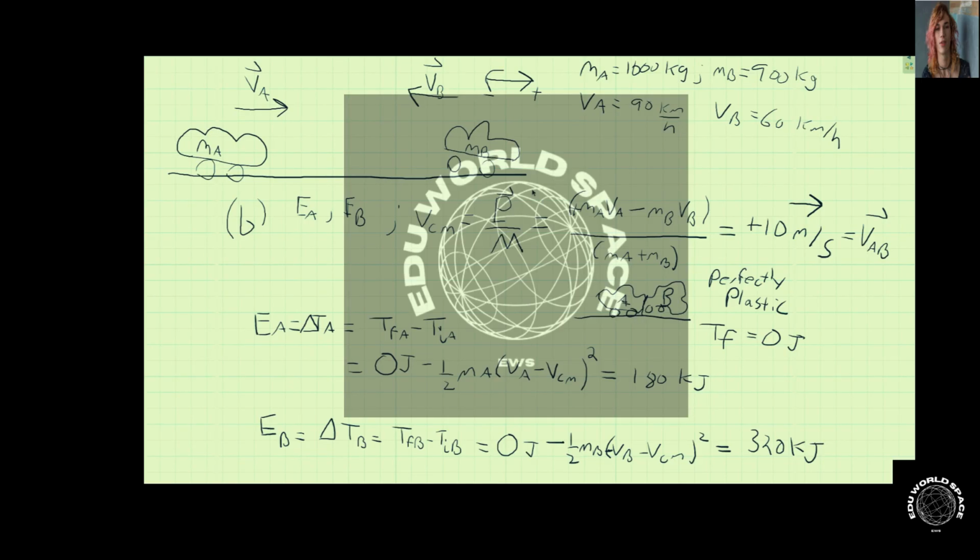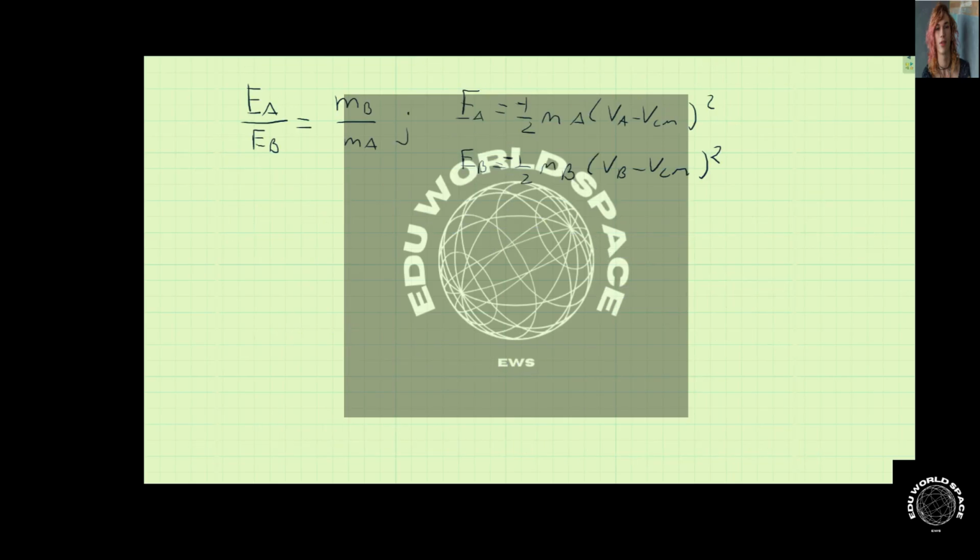So in the reference frame that's moving at 10 meters a second to the right, the total momentum after the collision and before the collision must be 0. That means the momentum that car A has must be equal and opposite in sign to the momentum that car B has, such that when they add together, they end up being 0. And so we're going to write that the momentum of car A ends up being negative the momentum of car B before the collision.